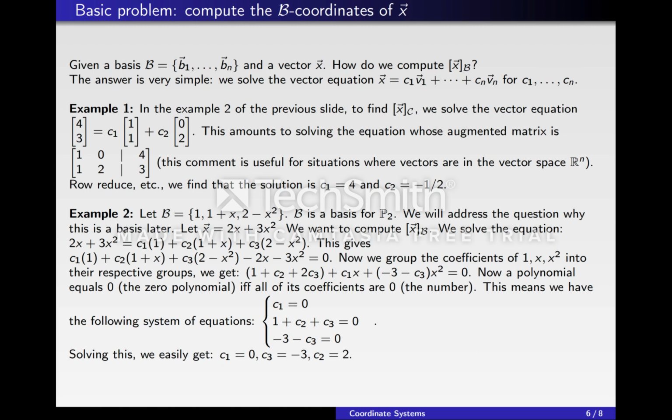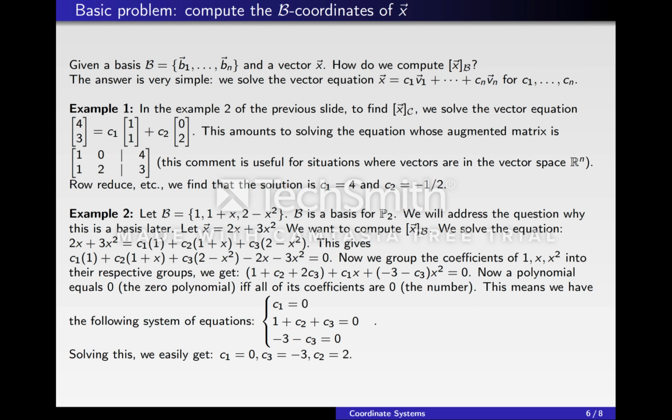Now group the coefficients together. We get (c1 plus c2 plus 2c3) times 1, which is the coefficient that goes with the polynomial 1, plus (c2 minus 2) times x, plus (minus 3 minus c3) times x squared equals 0.